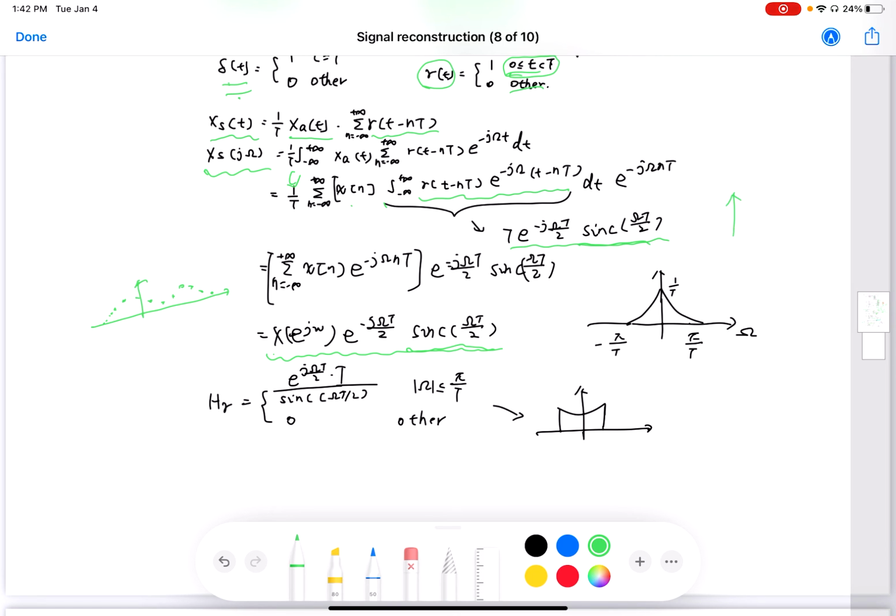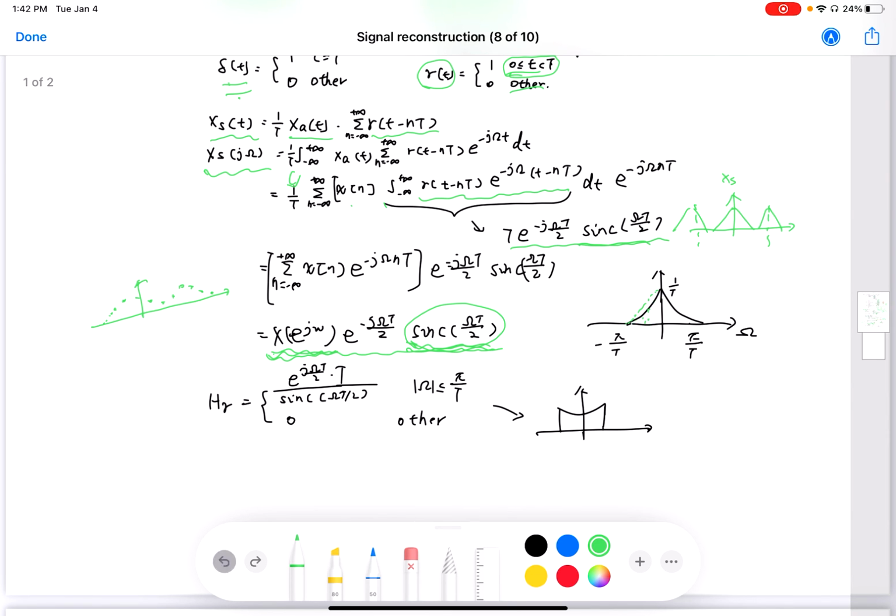So we know the ideal xs looks like this. But because here we multiply the ideal X(e to the j omega) with this sinc function, we can't get the same result, because with the sinc function the gain at different frequencies is different.